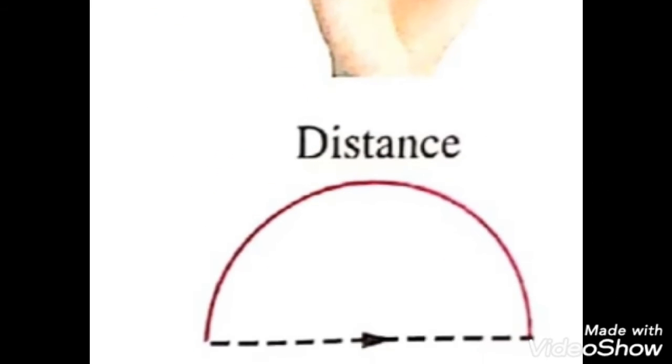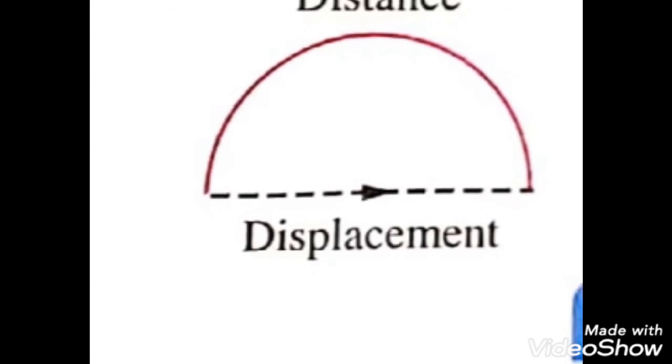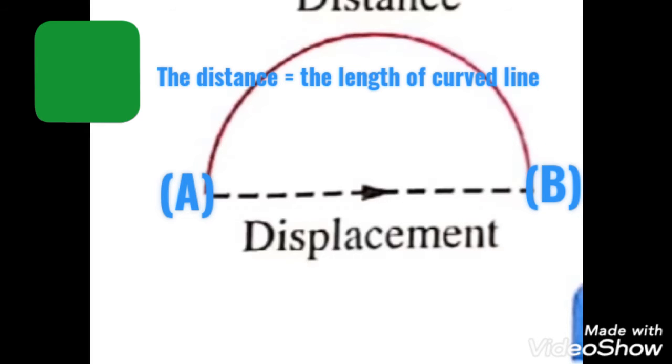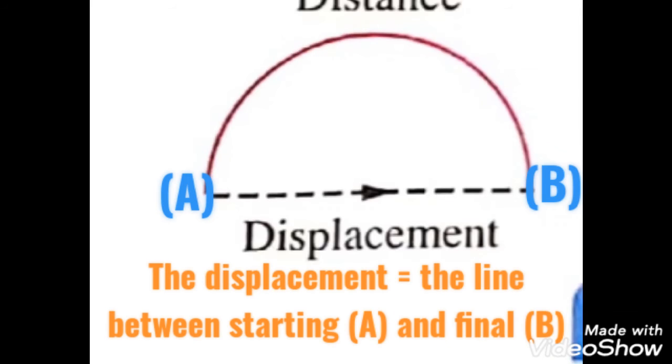What about another case? We have an object moving in a curved line from point A to point B. The distance equals the length of the curved line, and the displacement equals the shortest length of movement for this object from A to B, or from the starting to the end position.